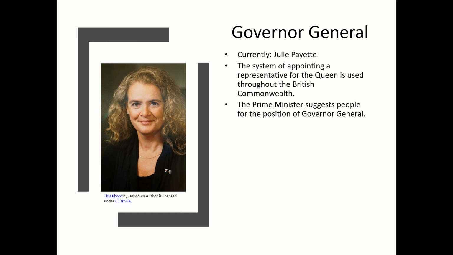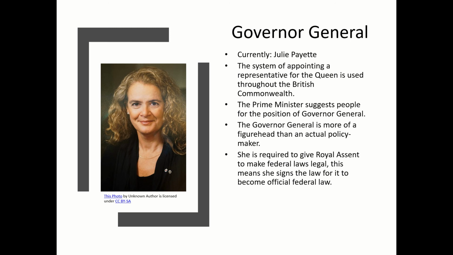The Prime Minister will suggest a few people, and then the Queen will select the person who's going to be the Governor General. Again, similar to the Queen, the role of the Governor General is more of a figurehead than actually a policymaker, although she does have a role.